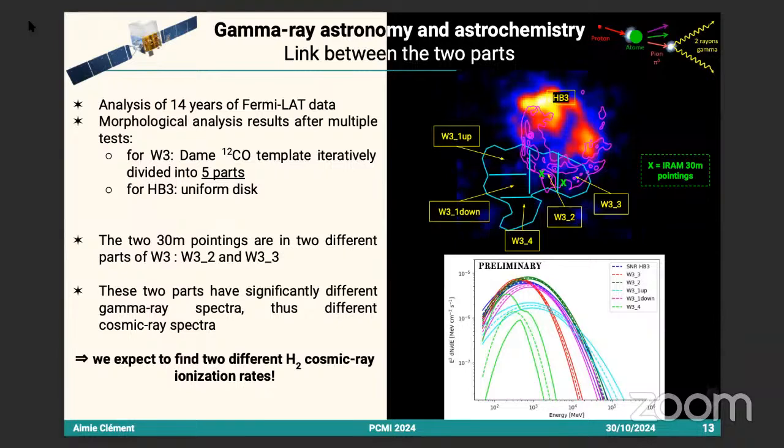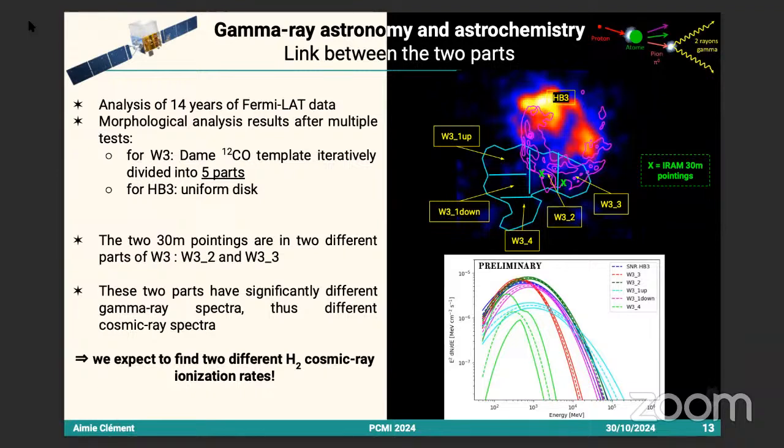So studying the gamma rays gives us information on the cosmic rays. I used the Fermi-LAT telescope. I had 14 years of data, and I will not speak too long about it, but I did an analysis of this region, and I concluded that to reproduce the gamma-ray emission, I need to divide the molecular cloud into 5 boxes.